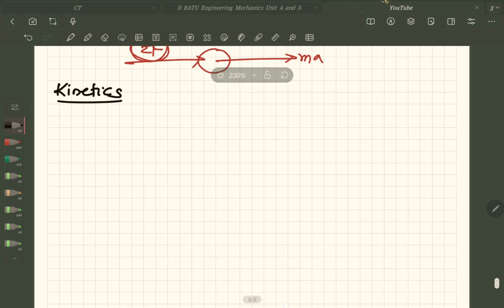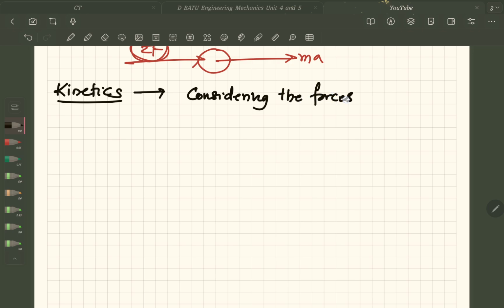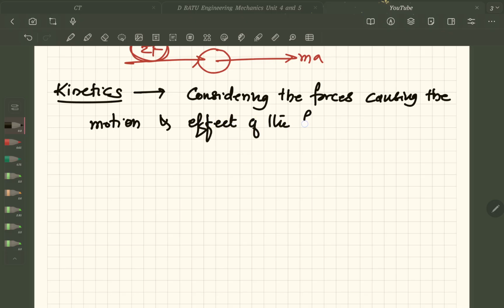we have to consider the forces causing the motion as well as the effect of the forces. What does that mean?